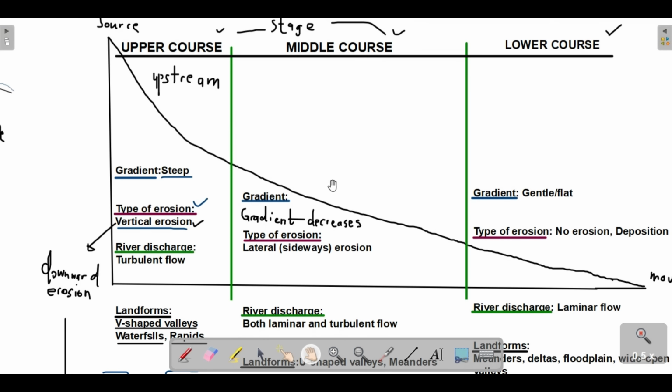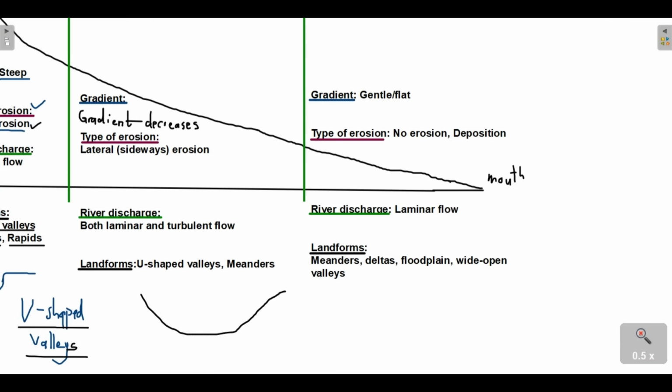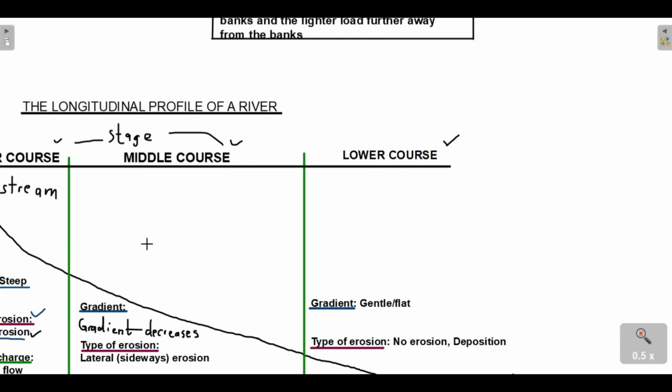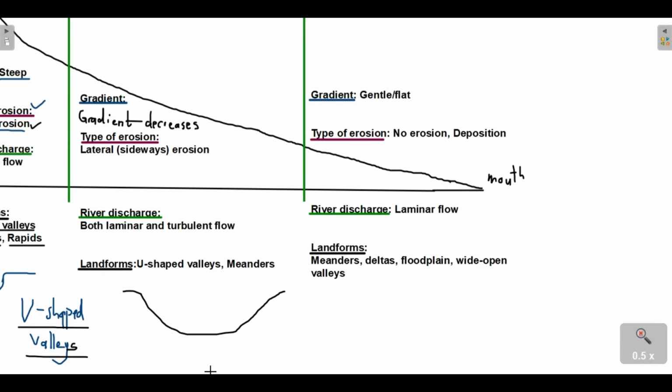And so you can imagine the amount of erosion that takes place, because now you have a large volume of water flowing in the river channel in the middle course. This larger volume of water will erode the sides. This is what we call lateral erosion. You have a higher volume of water in the middle course due to many streams joining the main river, and so there's pressure on the sides of the river channel, and hence more erosion is found there.